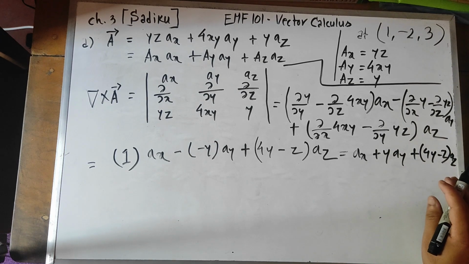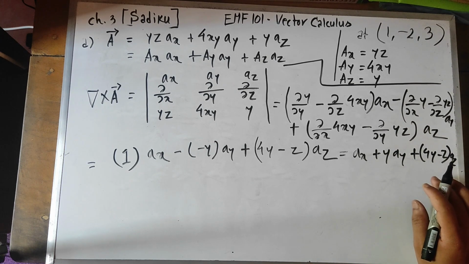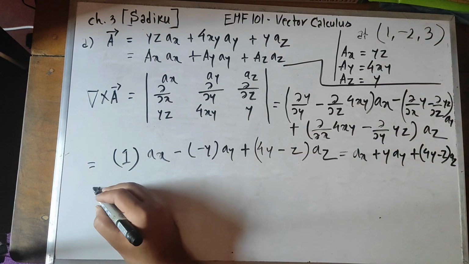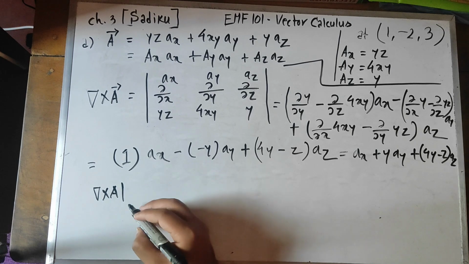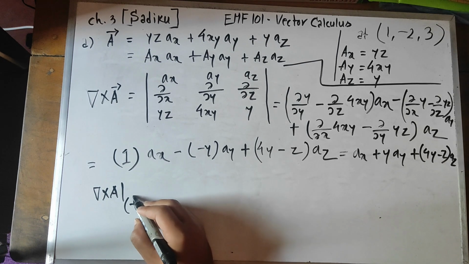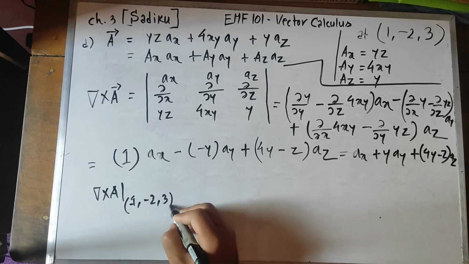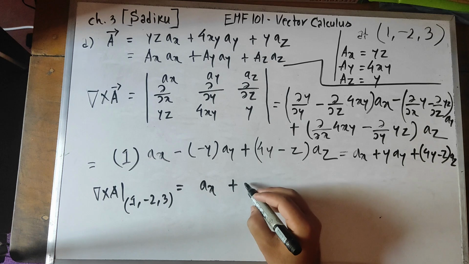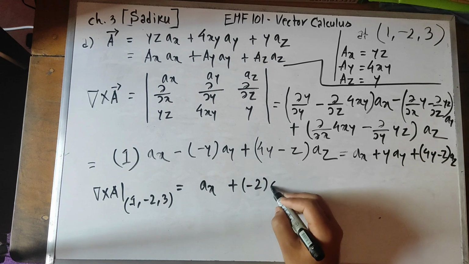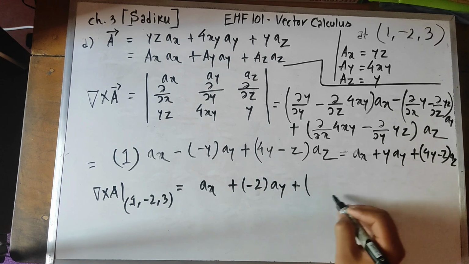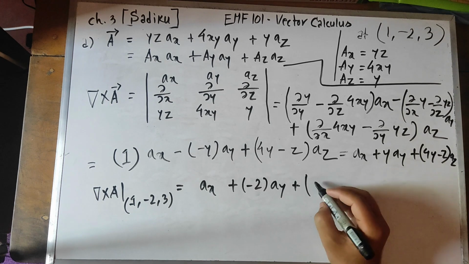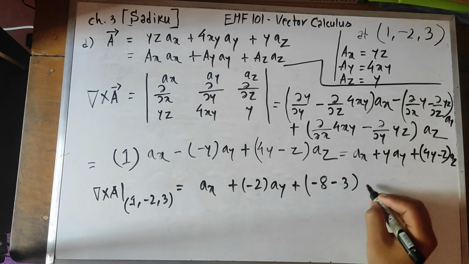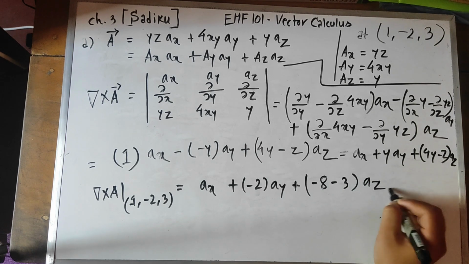So we have found our curl, which is also a vector, and now we find this curl at the point. So it is ax plus minus 2 ay plus 4y minus, 8 minus 3 az.